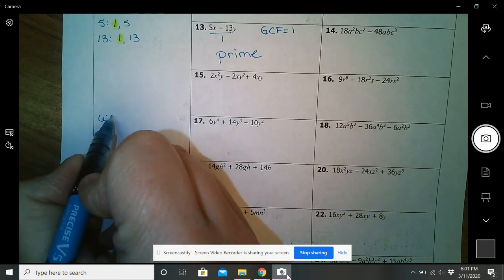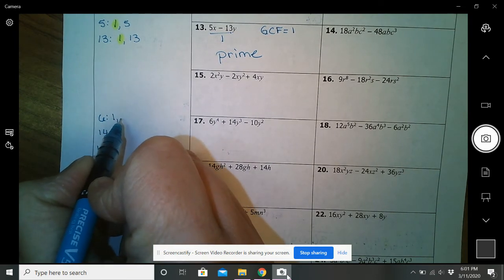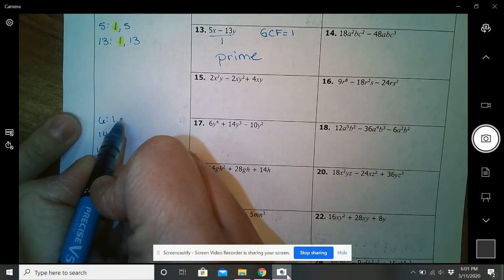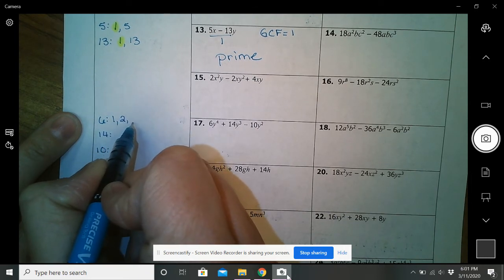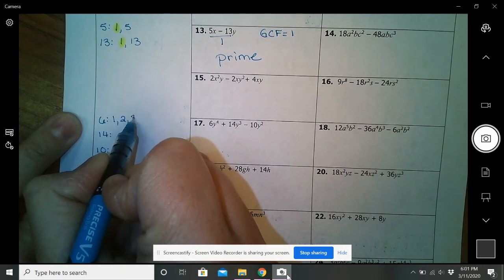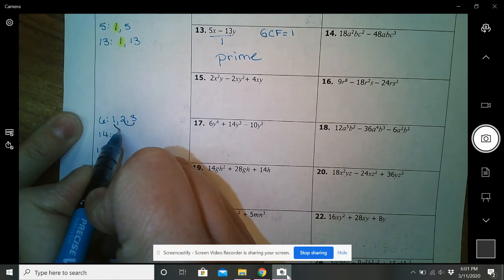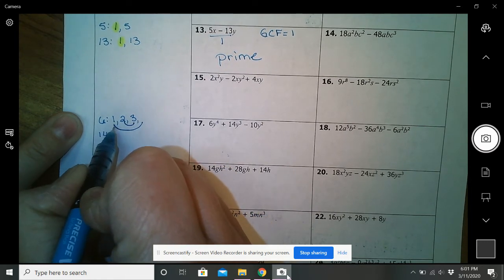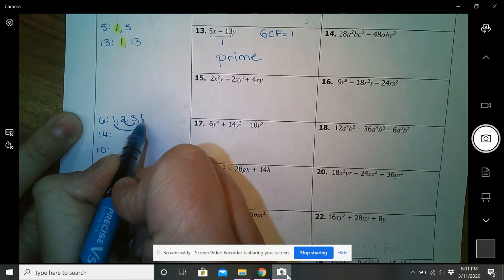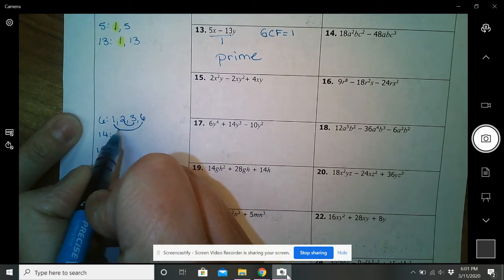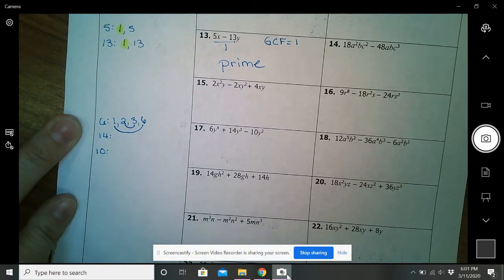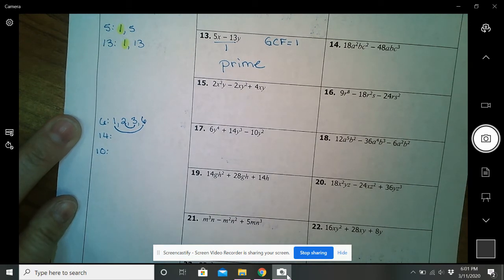I can divide 6 by 1 because that's 1 times 6. 6 divided by 2 is 3. 6 divided by 3 is 2. So there's my first pair. So my next pair would be 6 times 1 makes 6. So there are 4 factors that can divide into 6.